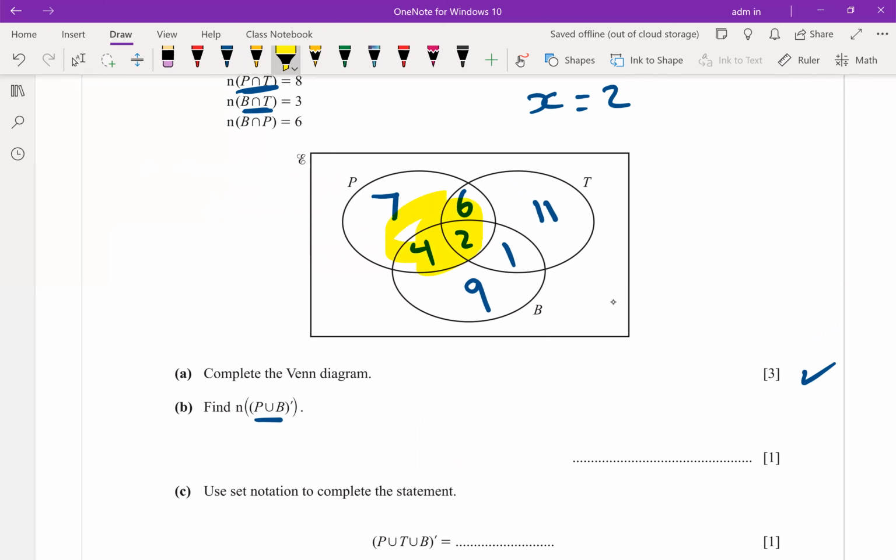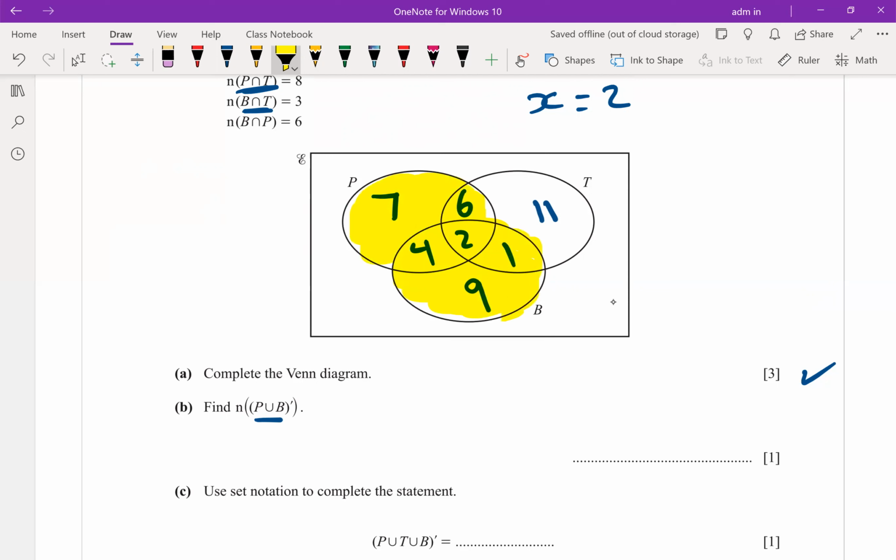This is B and this is P. I shade this part first, so the shaded part now is the union.